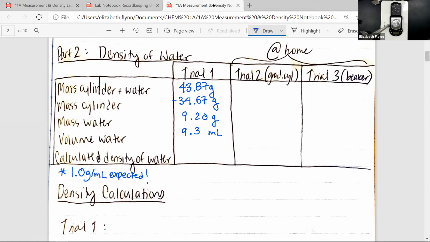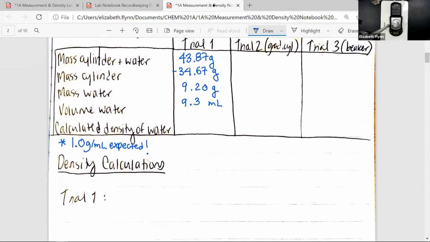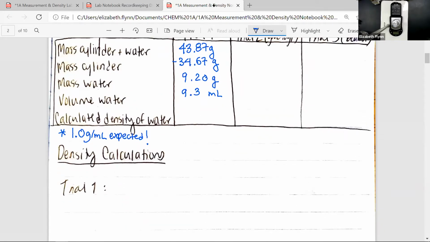All right, so that's our trial one for the density of the water. Why don't we just do the density calculations now while we have it fresh in our mind? So for trial one, density is equal to mass over volume, which is equal to the mass of the water, 9.20 grams, divided by the volume of the water, 9.3 milliliters.